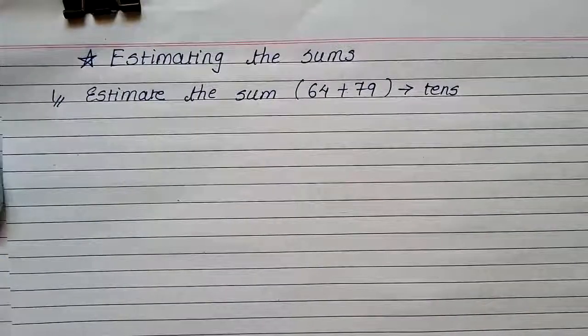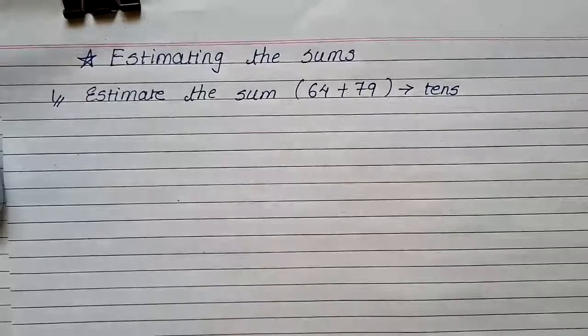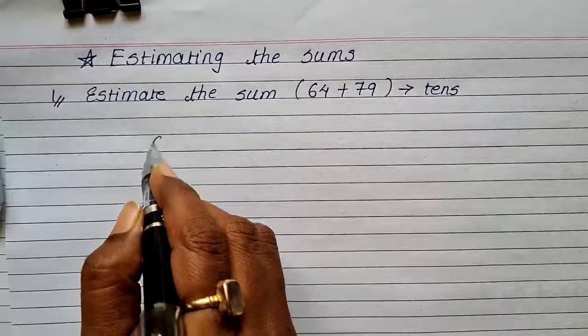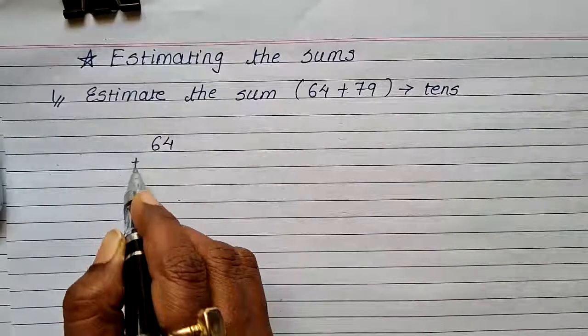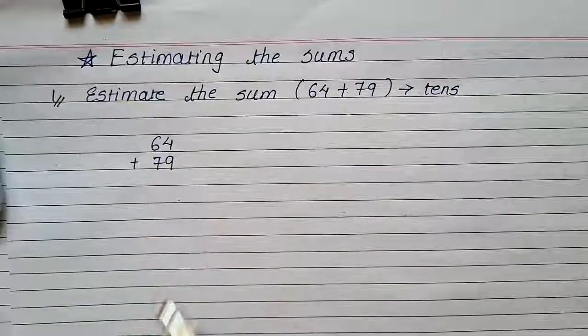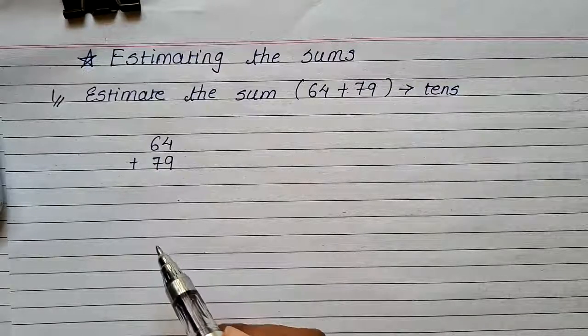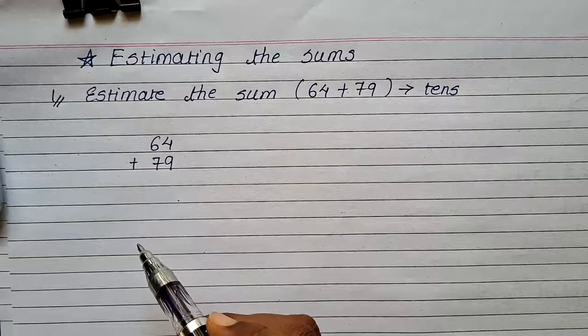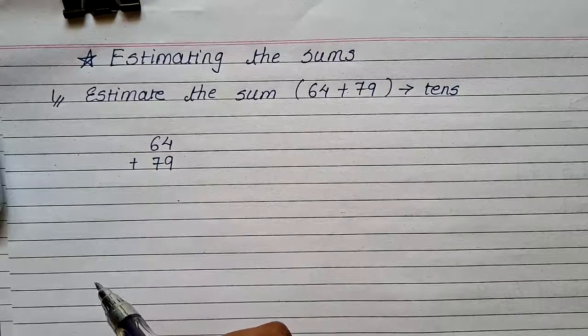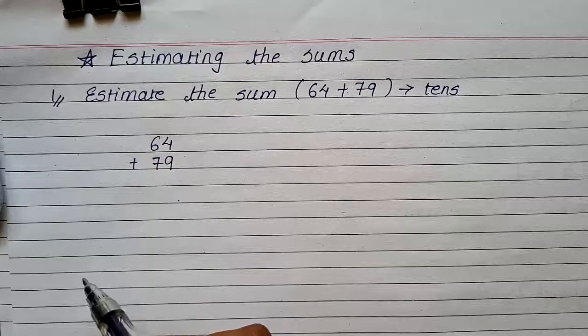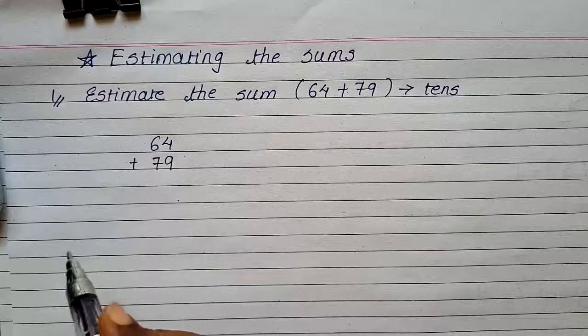So 64 plus 79. We know how to round off to tens. If any of you don't know, I would suggest that you watch the videos on rounding off to tens, so that you will understand this better.